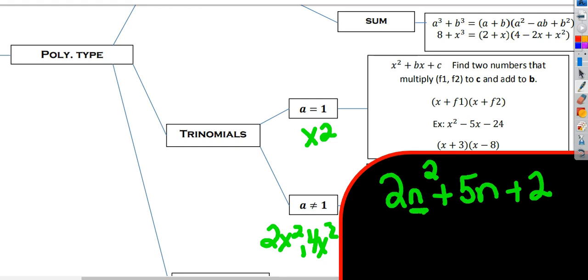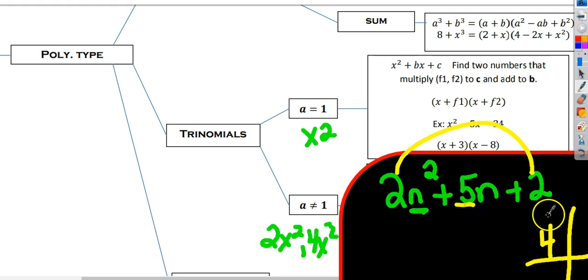So, I do similar to what I did before, but now what I'm going to say is, what is 2 times 2? Well, 2 times 2 is 4, and it has to add to my b, which is 5. So what multiplies to 4 and adds to 5? 2 and 2 doesn't work; 1 and 4.